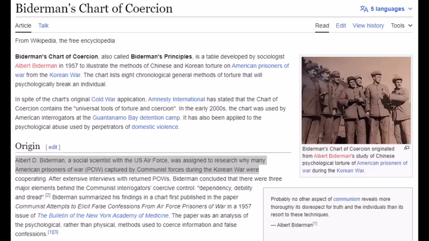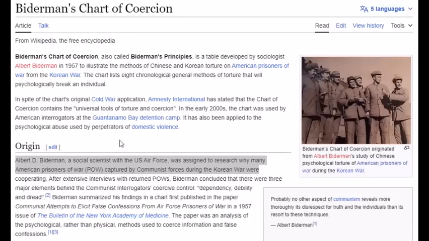And totally coherent with the entire deception we're facing here, the Biderman's chart of coercion is being presented as in connection with North Korea and China, as you can read here in Wikipedia.